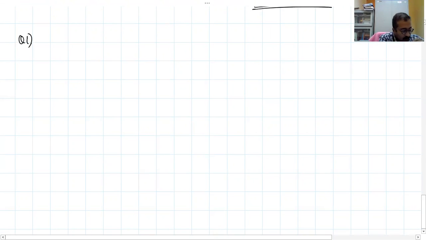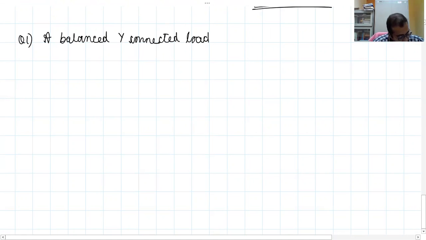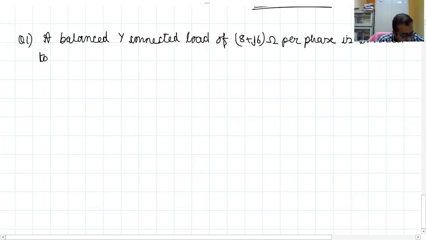Question 1. A balanced star-connected load of 8 plus j6 ohms per phase is connected to a balanced three-phase 400 volt supply.